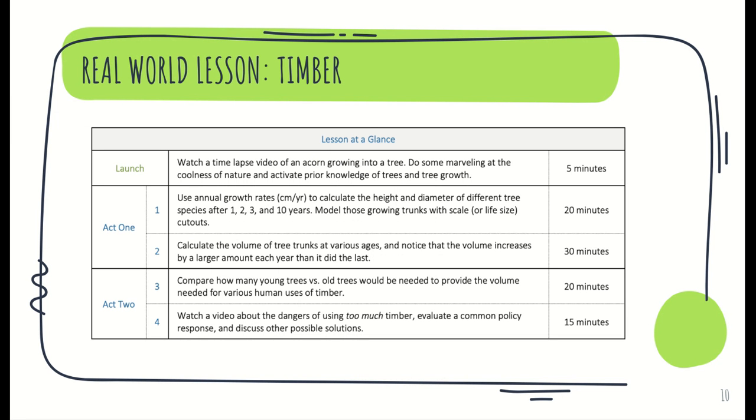In this lesson, scholars will use annual growth rates to calculate height and diameter. They will calculate the volume of tree trunks at various ages, and they will compare how many young trees versus old trees would be needed to provide the volume needed for various human uses of timber.